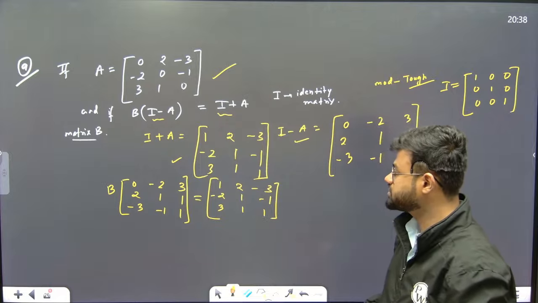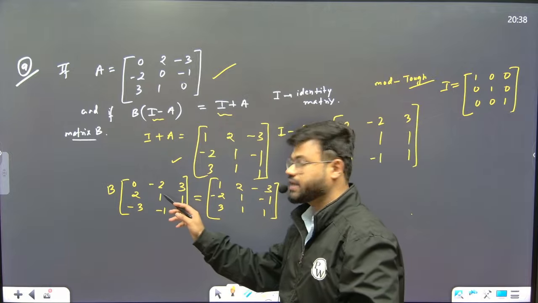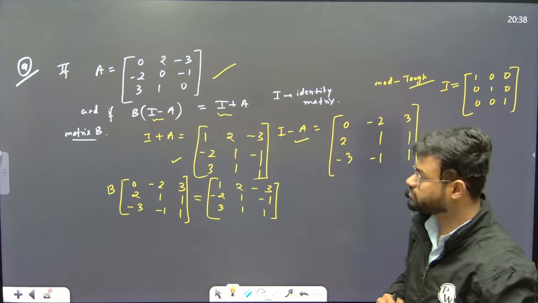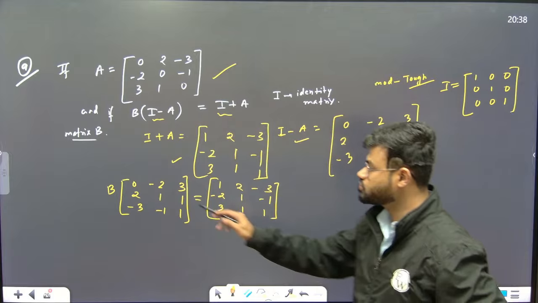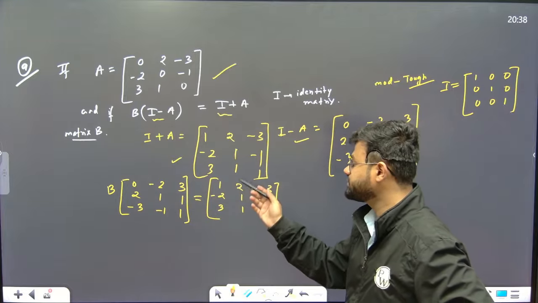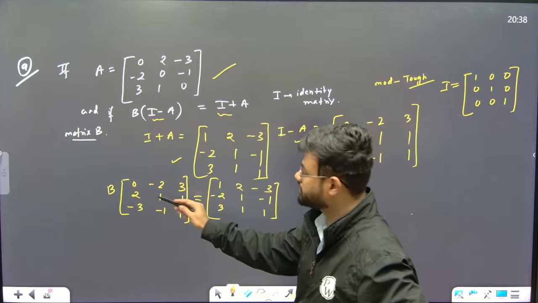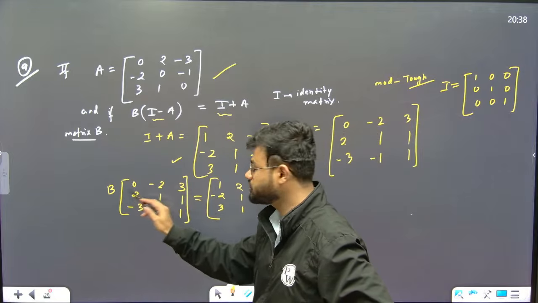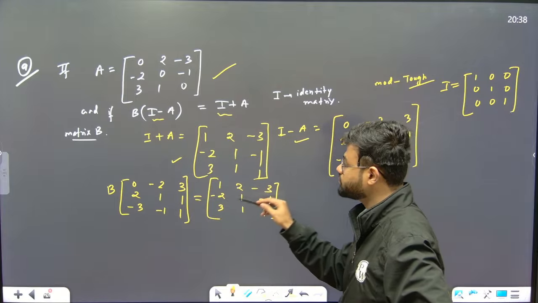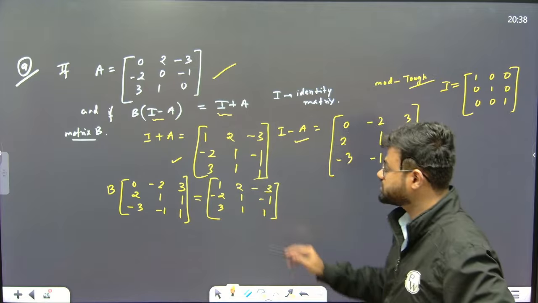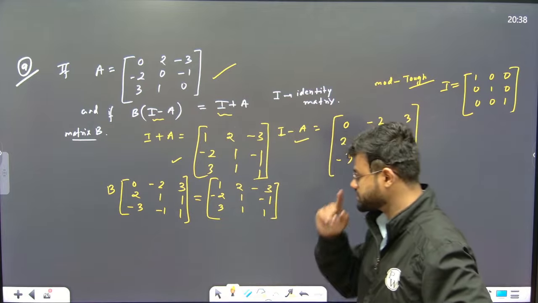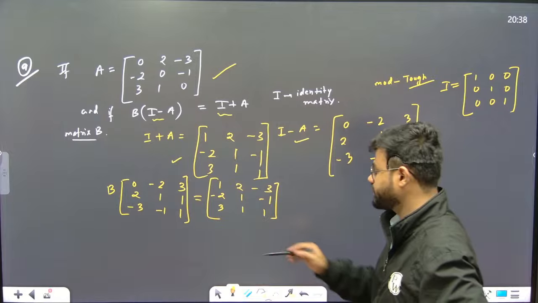You can transform this matrix into the identity matrix I by applying row and column operations, and the same operations on the other matrix will give us the required matrix B, because B into I is B. But I think that might be challenging for some students. So let me discuss one way of approaching this.